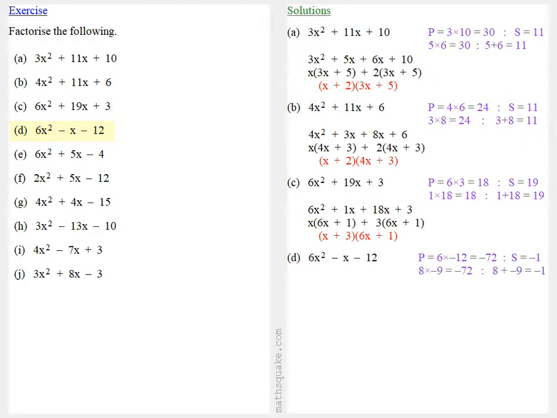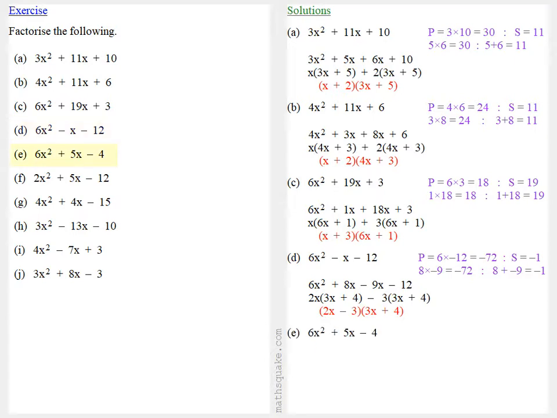They are 8 and minus 9. 8 times minus 9 is minus 72. 8 plus minus 9 is minus 1. So the equation can be written as 6x squared plus 8x minus 9x minus 12. If we factorise the first pair, we get 2x into 3x plus 4. Factorising the second pair gives us minus 3 into 3x plus 4. And so the answer is 2x minus 3 into 3x plus 4.